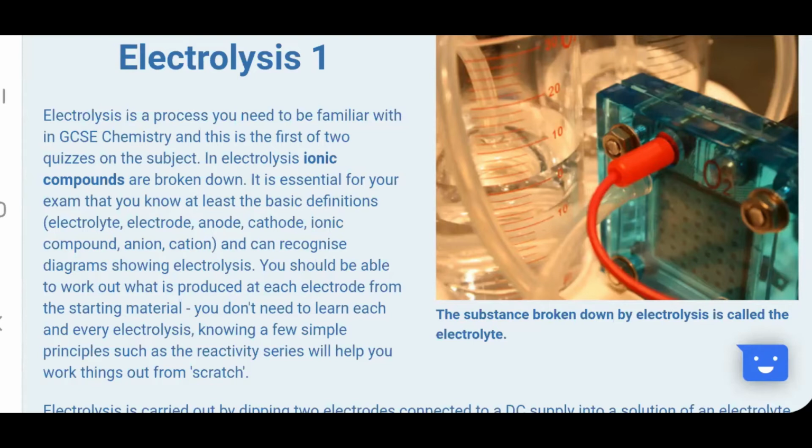So here they're saying you don't need to learn each and every electrolysis. Now, some people will do that. That's not a problem, but it's your choice. But they're saying here, and I agree with them, knowing a few simple principles such as the reactivity series will help you work things out from scratch.